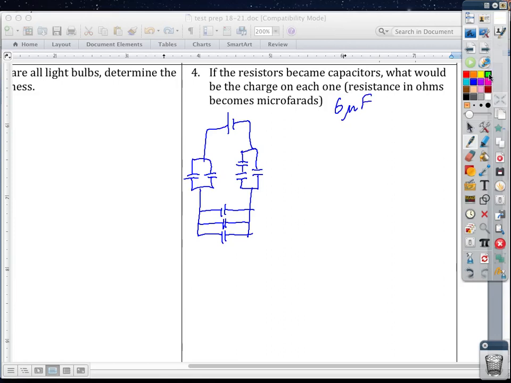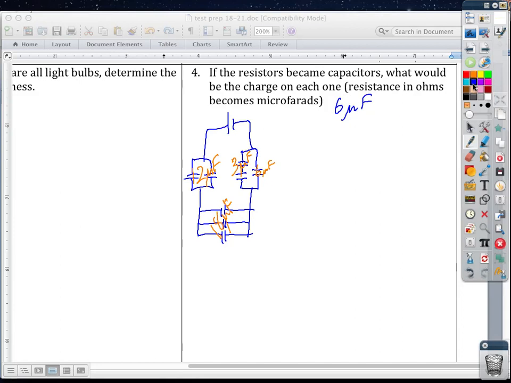So then this is going to become 12 microfarads. This is going to become 18 microfarads. Does that make sense to you? Yes. Okay, this will become 3 microfarads, and that's 6 microfarads.